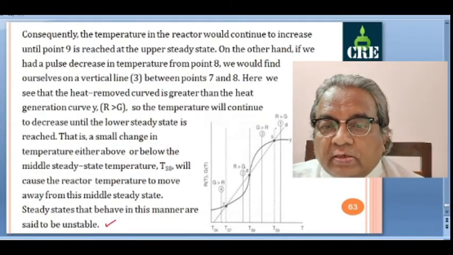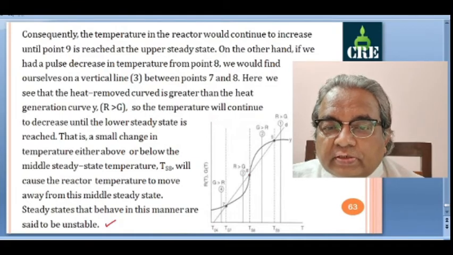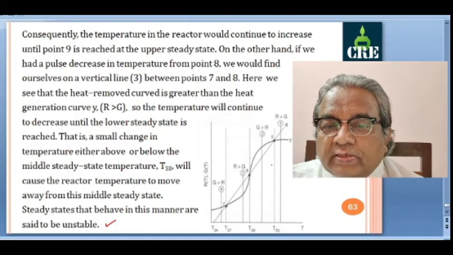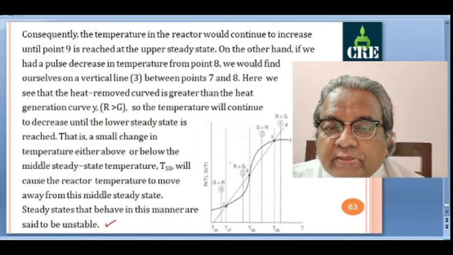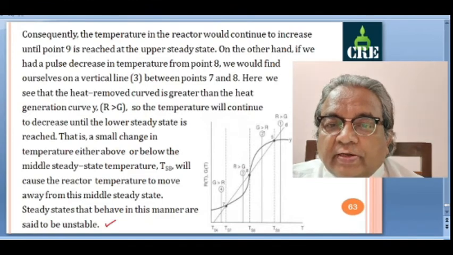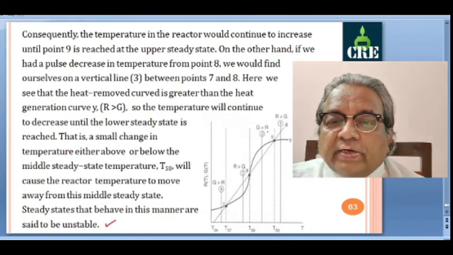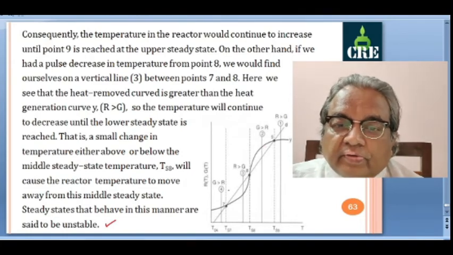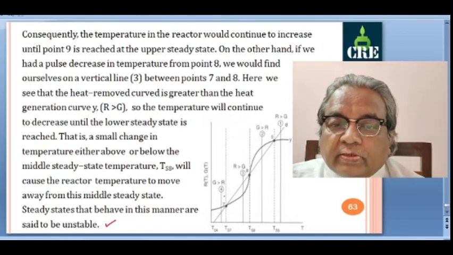So why is this 8 defined as an unstable steady state? Because with a small change in temperature in this direction or this direction, you are increasing, so you have R greater than G here, and here it becomes immediately G greater than R, so the region changes. Similarly here the same thing.